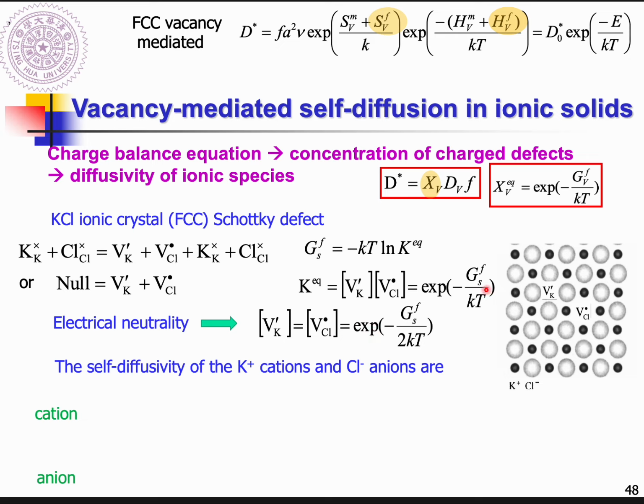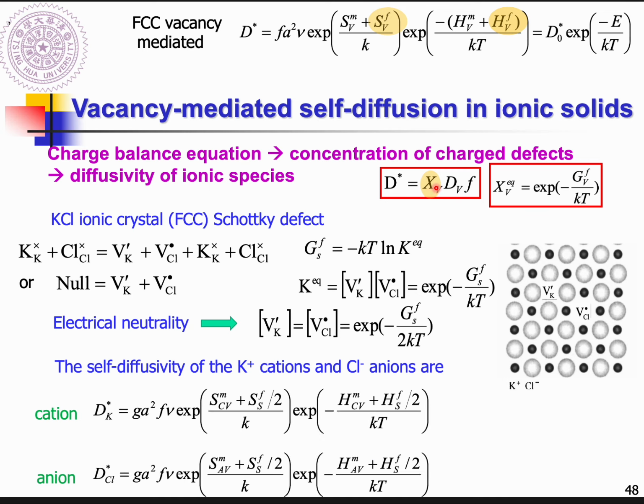And because this equals this, you get a square term, and you take the root on both sides, so you get the 2 at the bottom. So now you know VK equals VCl and equals this term. So we directly put this term back here, so you get D star K equals XVK times the diffusivity and the correlation factor F.